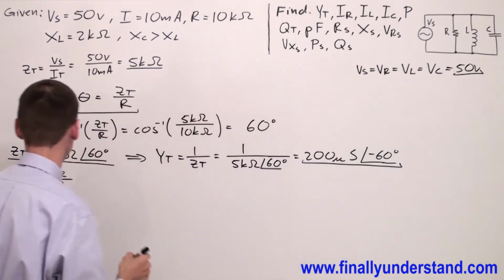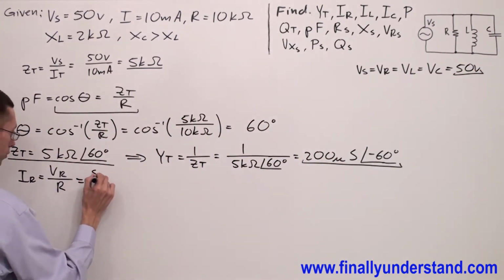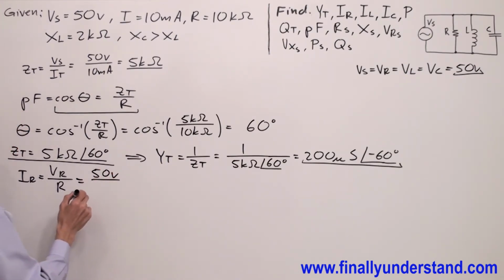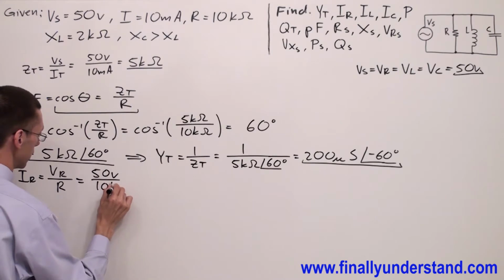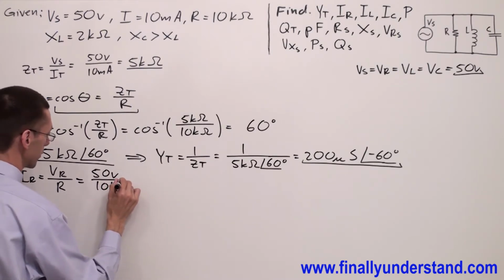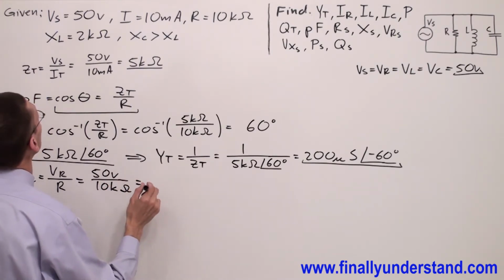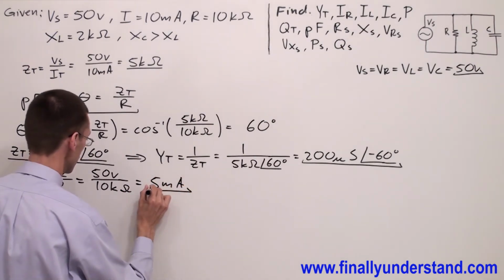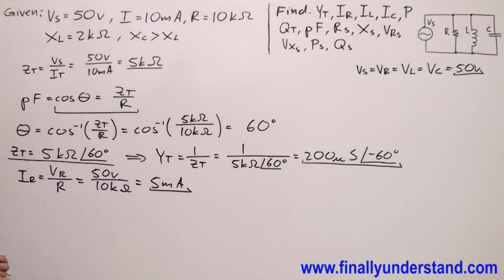Okay, so I'm going to have 50 volts divided by resistance 10 kiloohms. This is equal 5 milliamps. So this is the current which will go through the resistor.